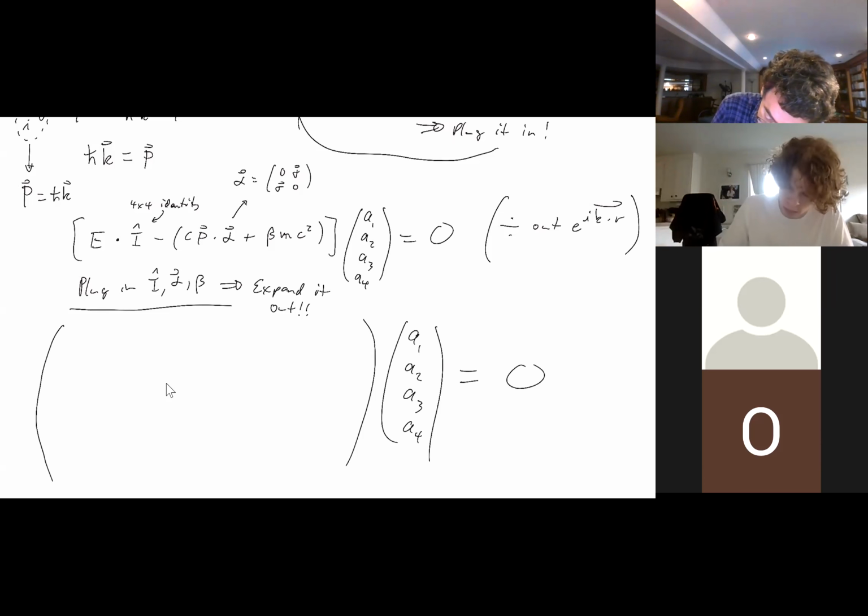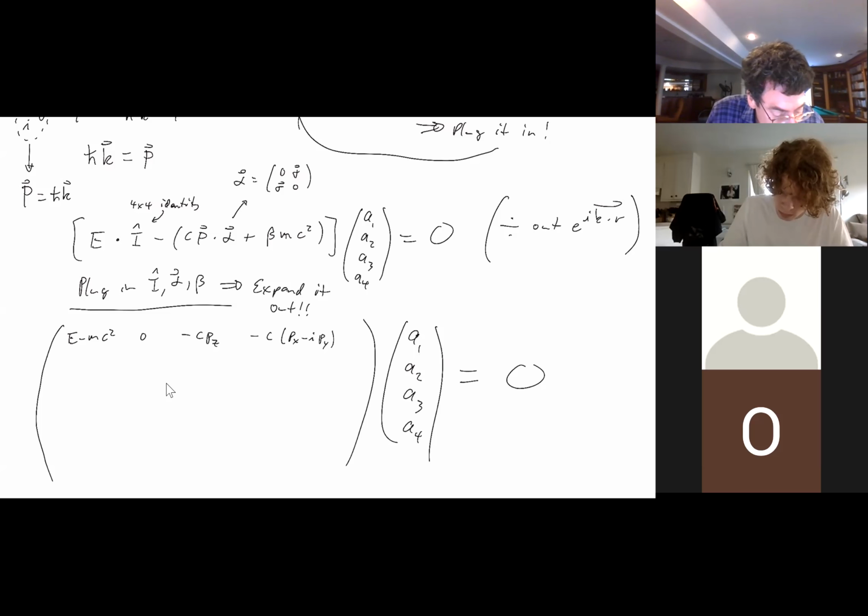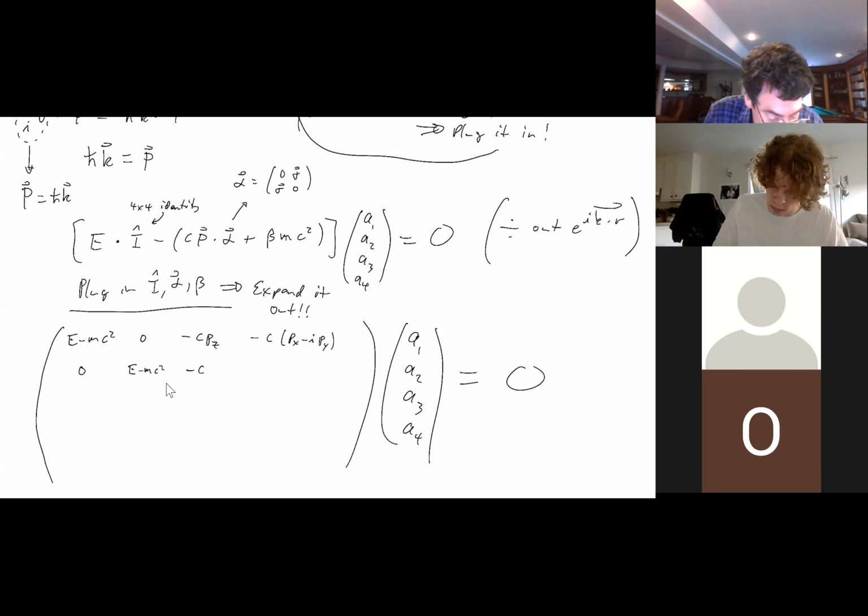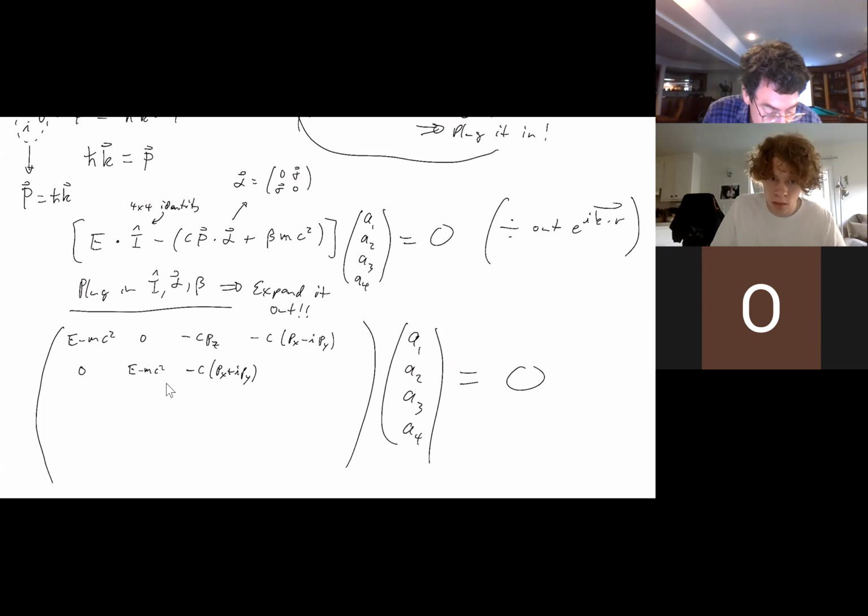And this is what you get. E minus mc squared is the first component. Then 0. Then minus c pz, minus c (px minus i py). Next row: 0, E minus mc squared, minus c (px plus i py), c pz.